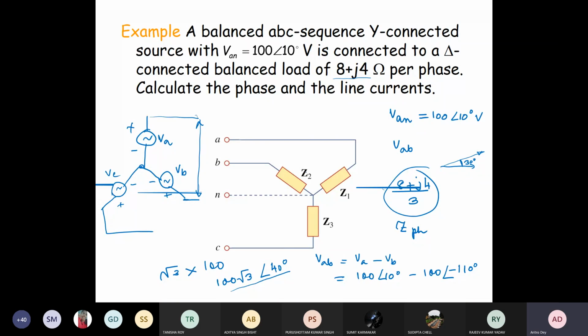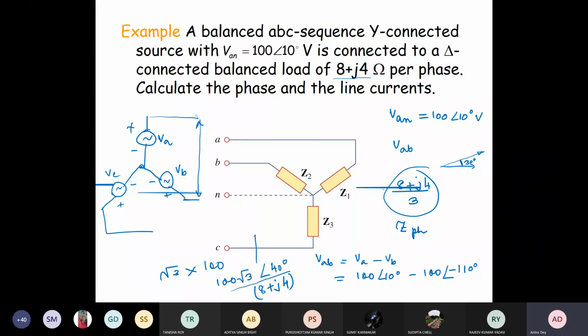Within these two you have a delta connected load, which is 8 plus j4, so you divide. Change this from Cartesian to polar.